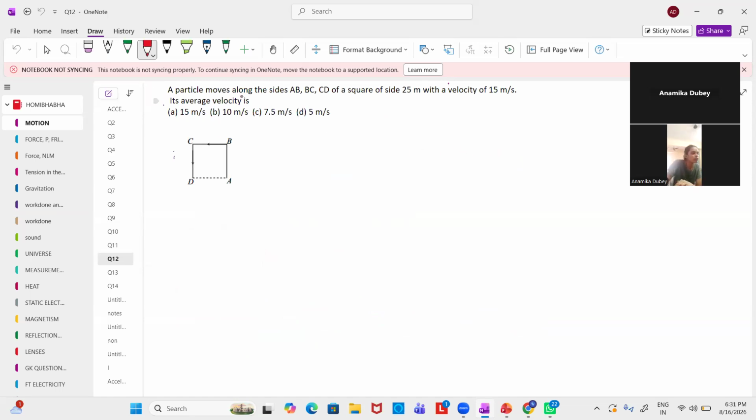Particle moves along a square A, B, C, D of side 25 meters. So the side is 25 meters each, and it is a square, with a velocity 15 meter per second. They are asking you the average velocity. Average velocity formula is total displacement upon total time taken.